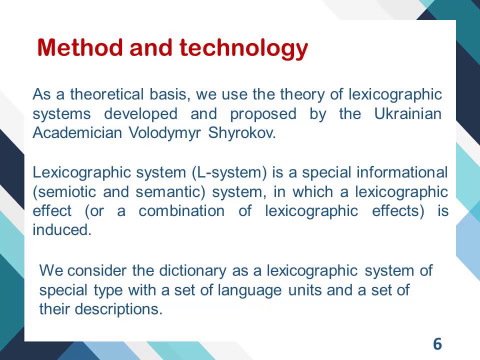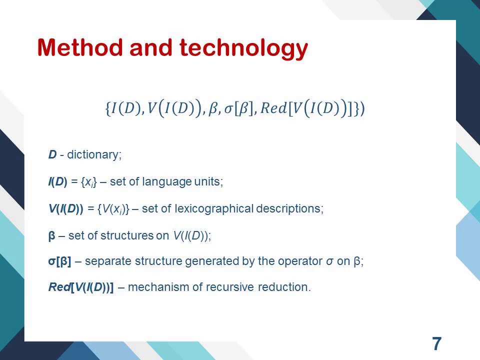We consider the dictionary as a lexicographic system of special type with a set of language units and a set of their descriptions. This frame shows in a simplified form a model of a lexicographic system to be applied to a dictionary.